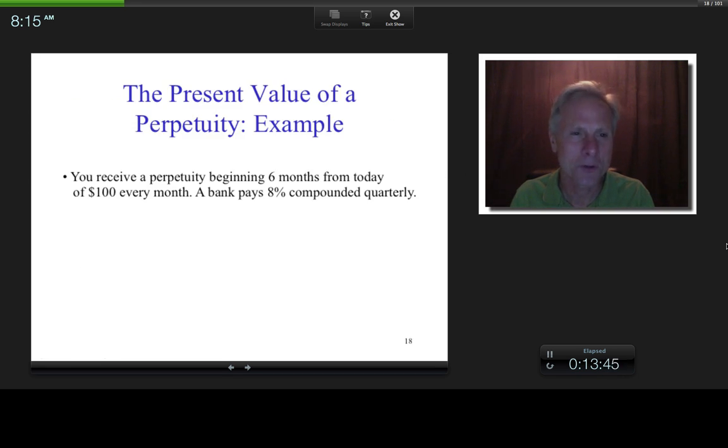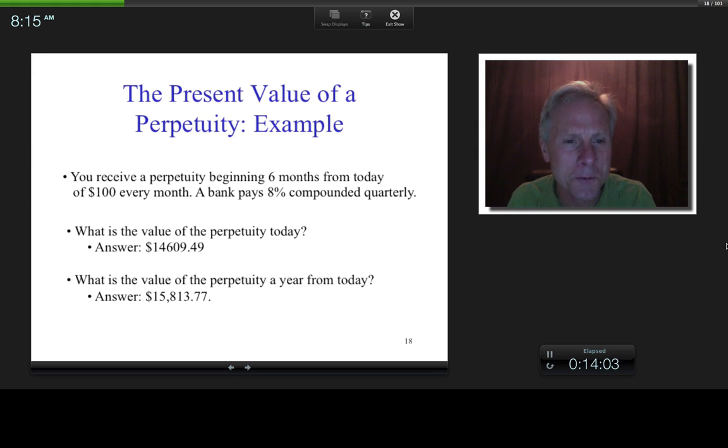So let's do an example. Okay? So let's say you receive a perpetuity beginning 6 months from today of $100 every month, and a bank pays 8% compounded quarterly. Okay? So the question is, what is the value of the perpetuity today? And what is the value of the perpetuity a year from today? Okay?